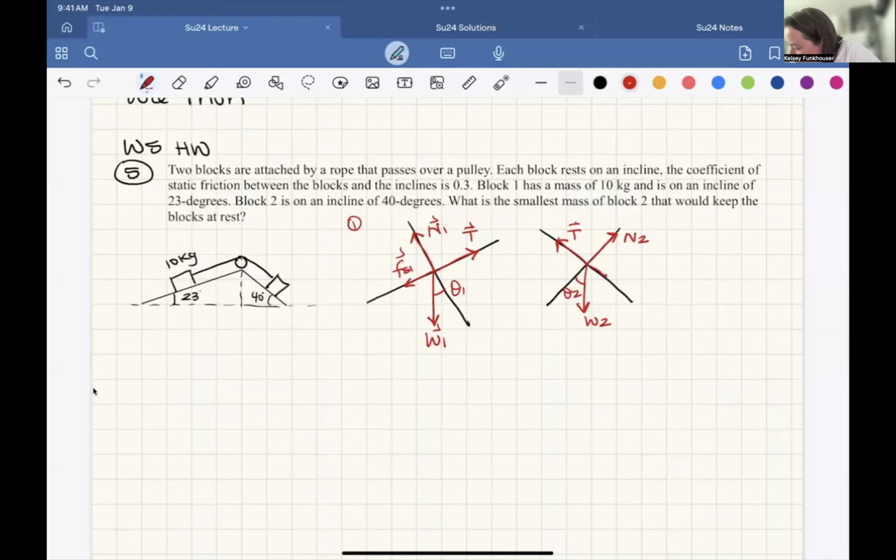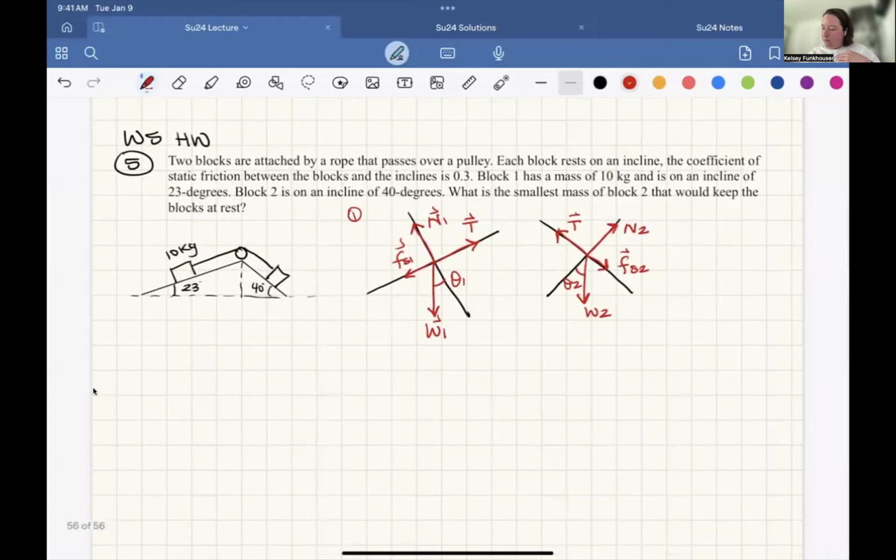And then the static friction force can also be down. Okay, cool. And remember, when we're on an incline, that means that we have to look at the x and y components of the weight force.